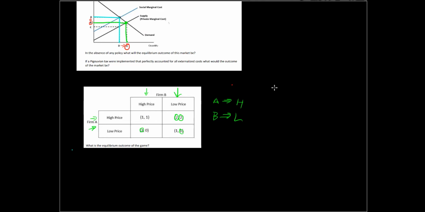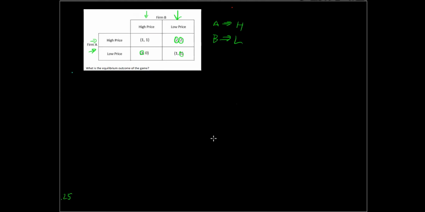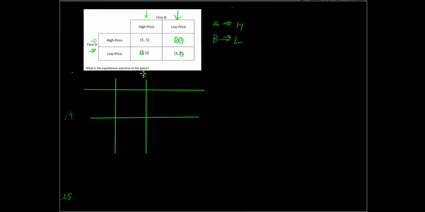So, for instance, let me whip up a table. This is firm A, this is firm B. Let's say we've got the same sort of game going on just for simplicity's sake, but let's change the payoff structure a bit.